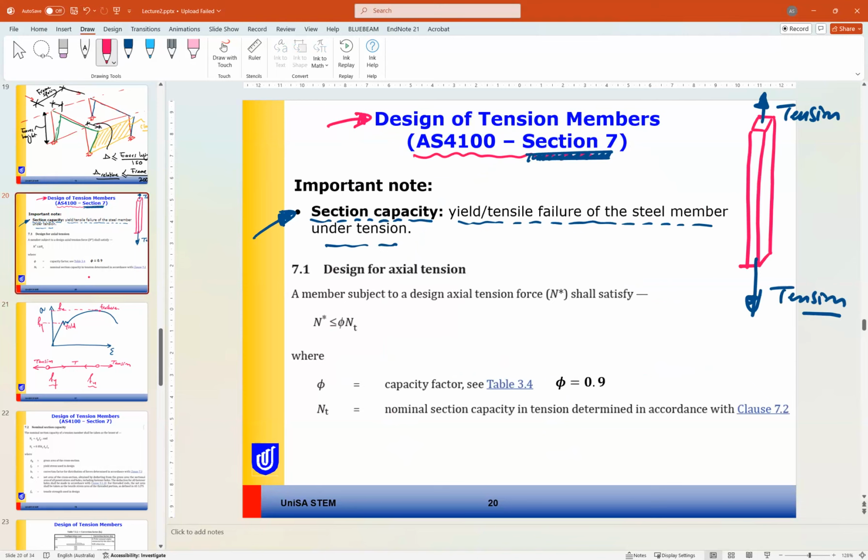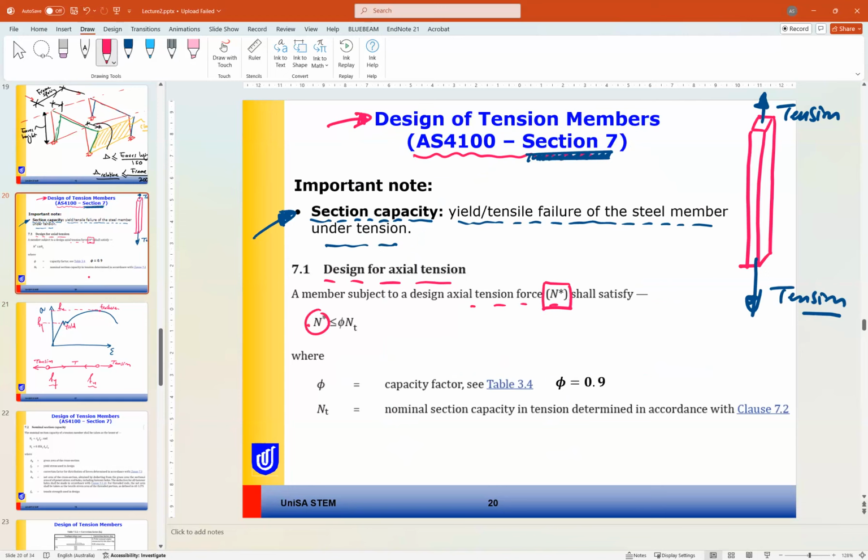For the design of axial tension, the member under axial tension force N asterisk shall satisfy the formula N asterisk less than or equal to phi Nt.